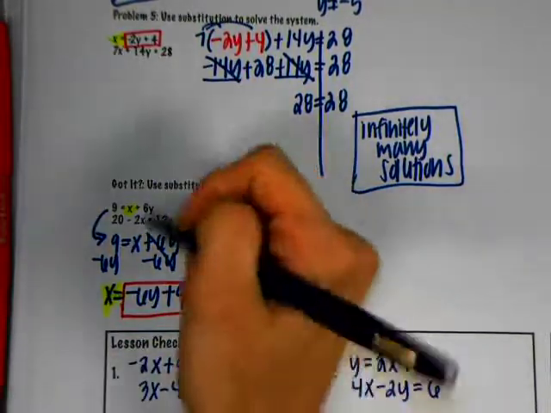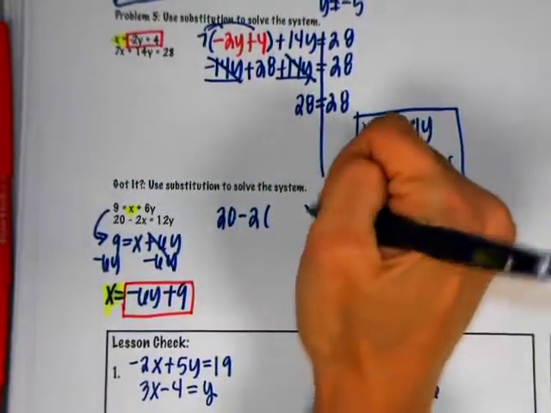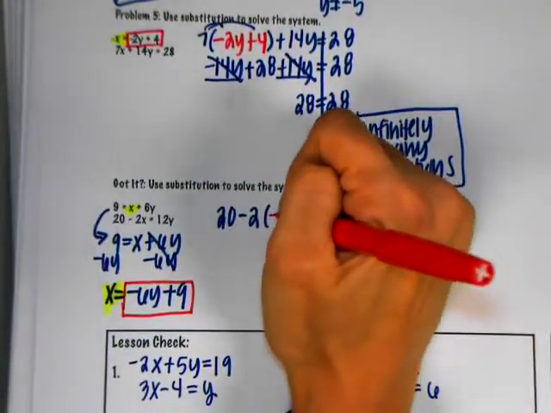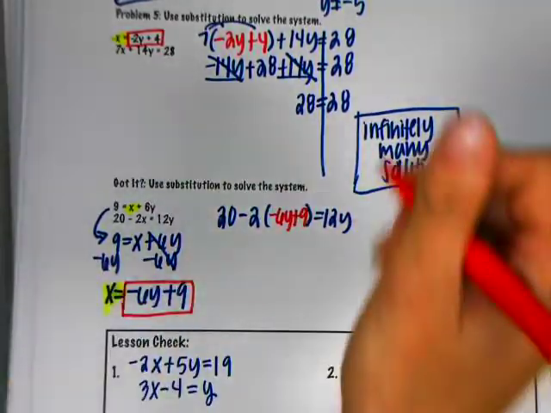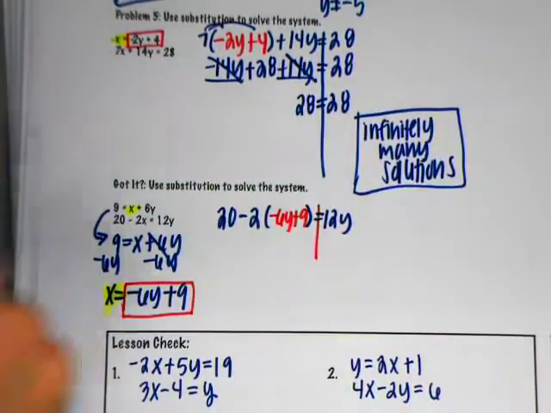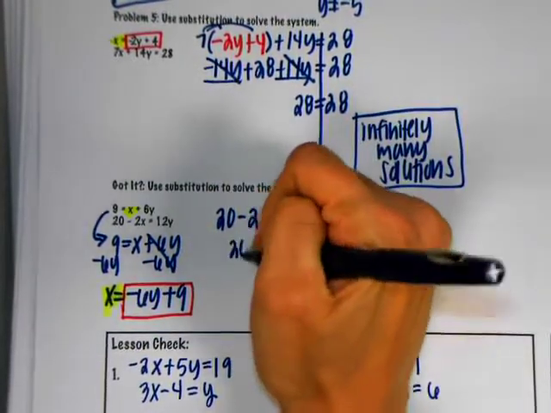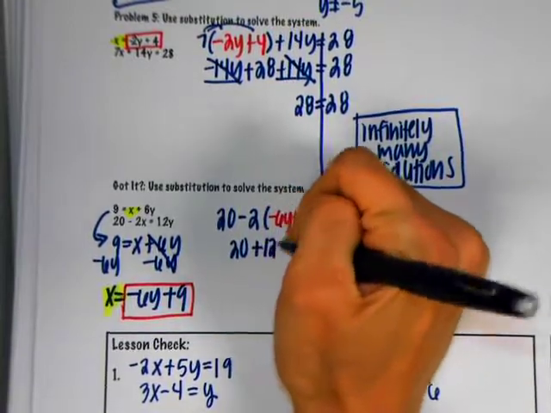Okay, so we have 20 minus 2x, so 2, and then keep it open, equals 12y. So you're plugging in negative 6y plus 9. Okay, distribute. Negative 2 times negative 6y is positive 12y.